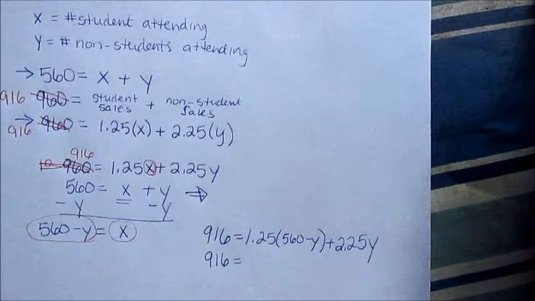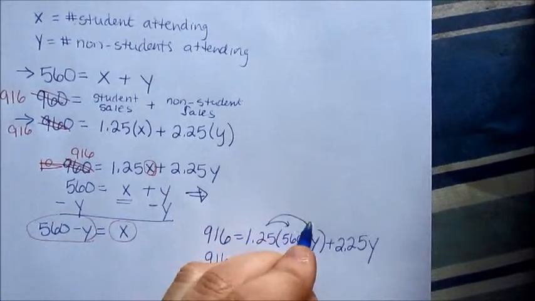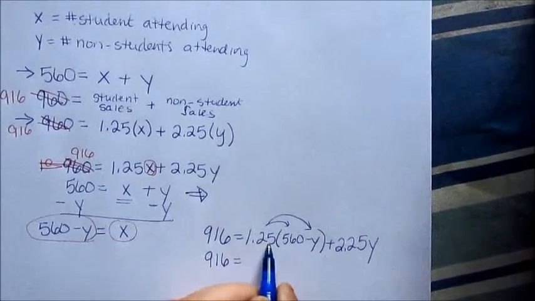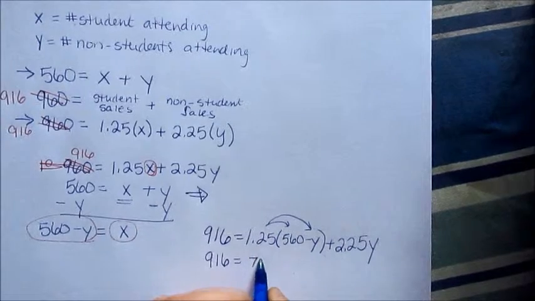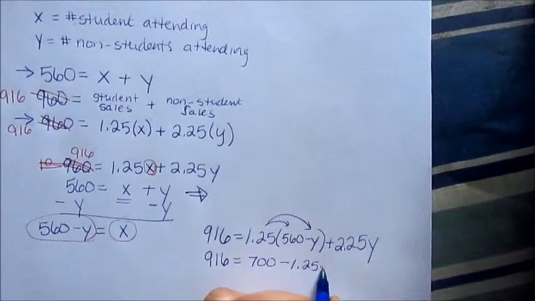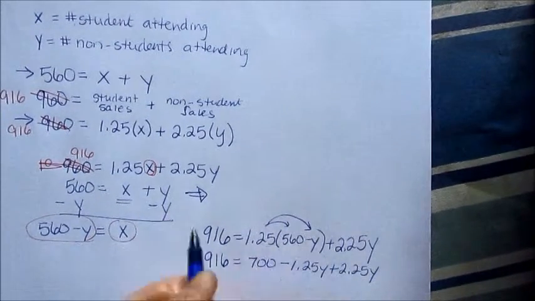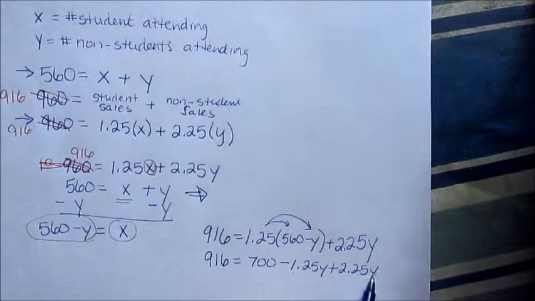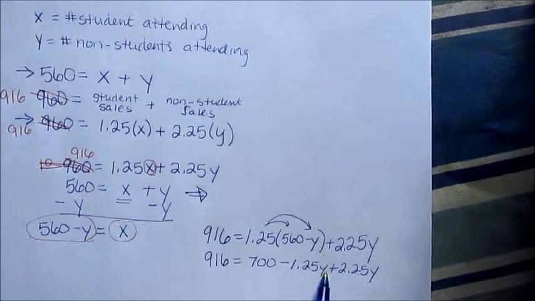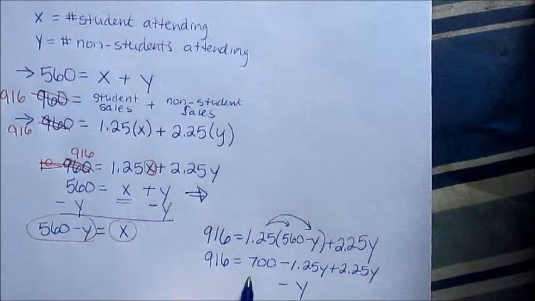I need to multiply 1.25 times 560. I'm doing that on my calculator. I get 700. So I distribute this $1.25: 1.25 times 560 is 700, minus 1.25y, plus 2.25y. This is $2.25y minus $1.25y. What happens there is I only have one y left, which is nice.